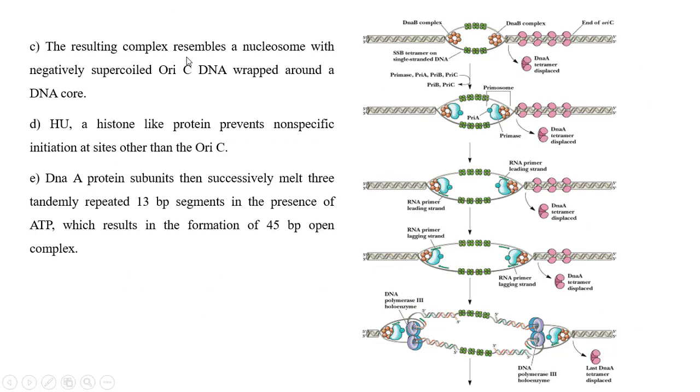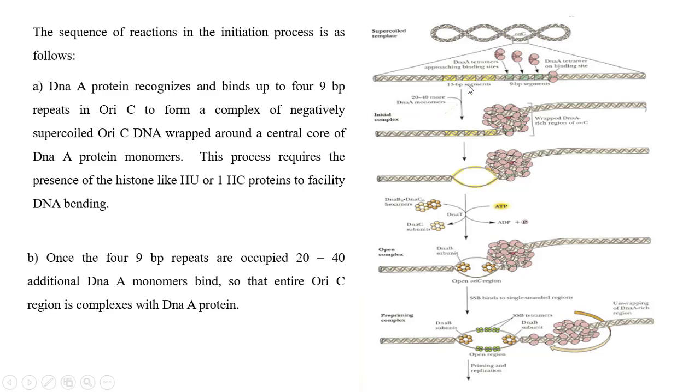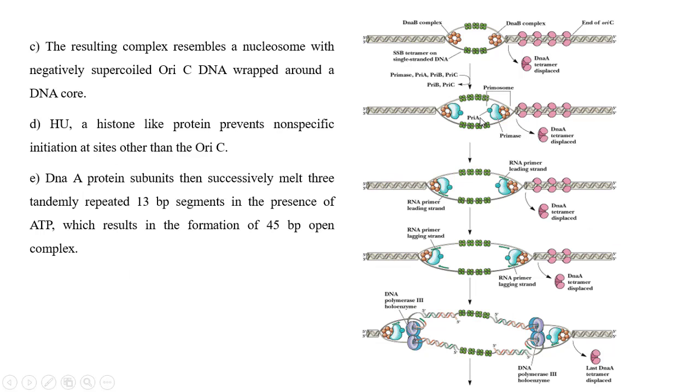The resulting complex resembles a nucleosome, that means histone association, with negatively supercoiled oriC DNA wrapped around the protein core. So these DnaA proteins wrap around the 9 base pair repeats to form a nucleosome-like structure.